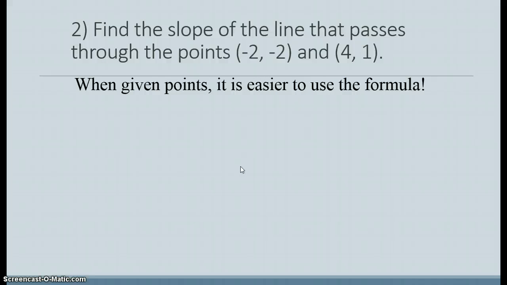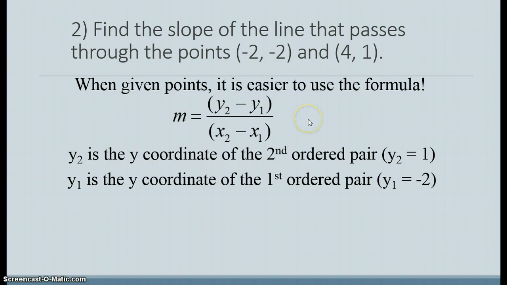So to find the slope of a line that passes through the points (-2, -2) and (4, 1), when given the points, it is easier to use the formula. All right. Now we are going to use the formula, which is a lot better. y2 is the coordinate of the second ordered pair, y2 is 1.